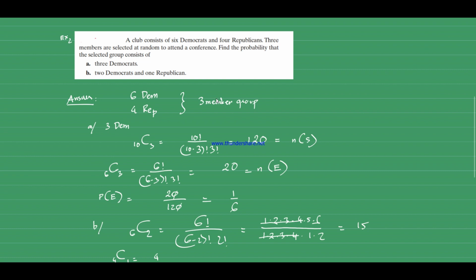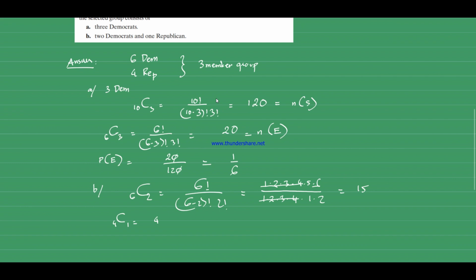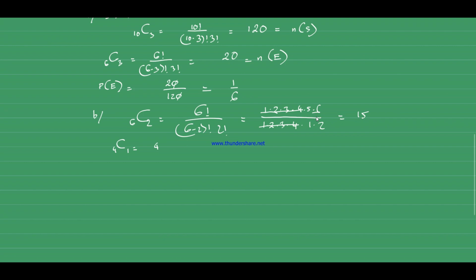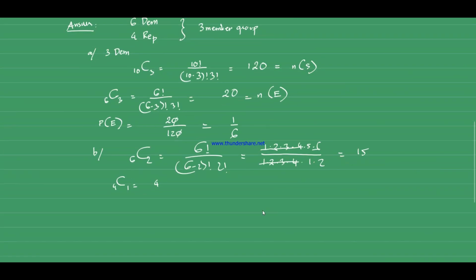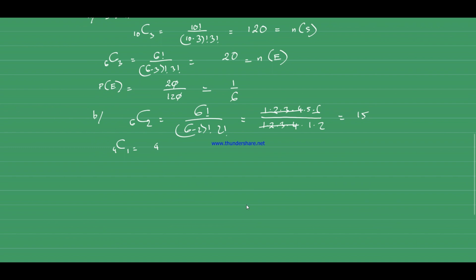So we have 15 ways to pick 2 Democrats, and 4 possible ways to pick 1 Republican.